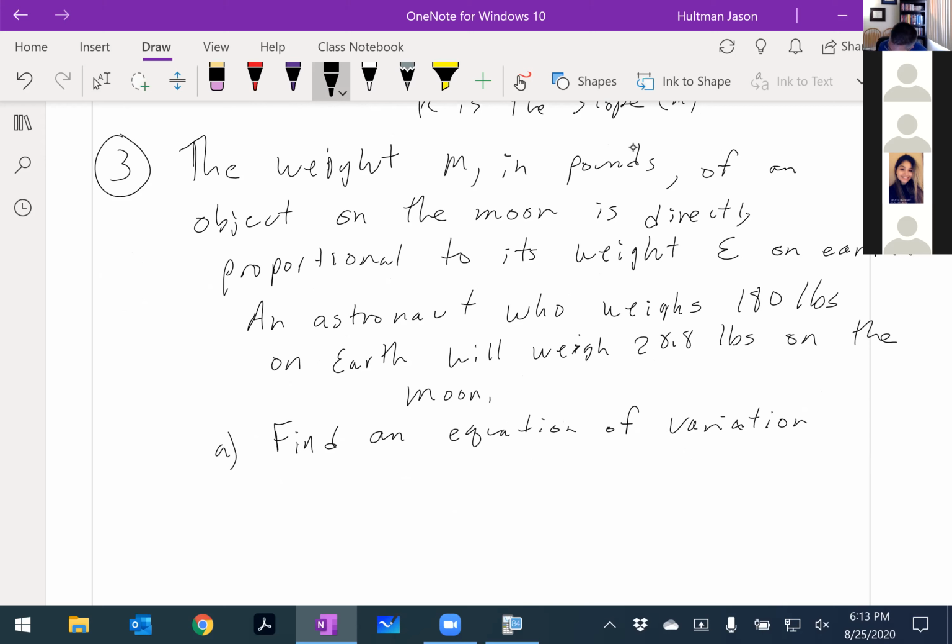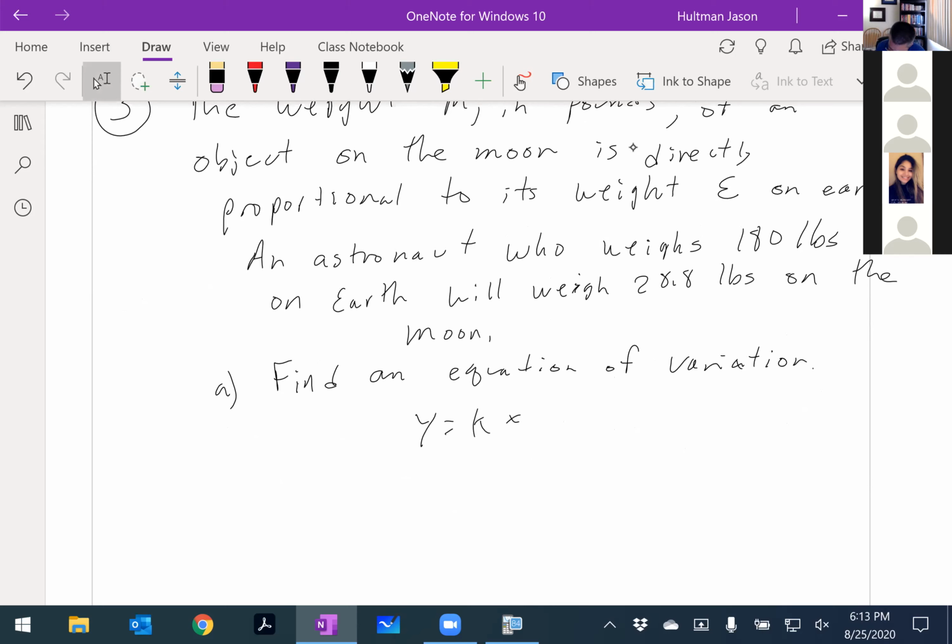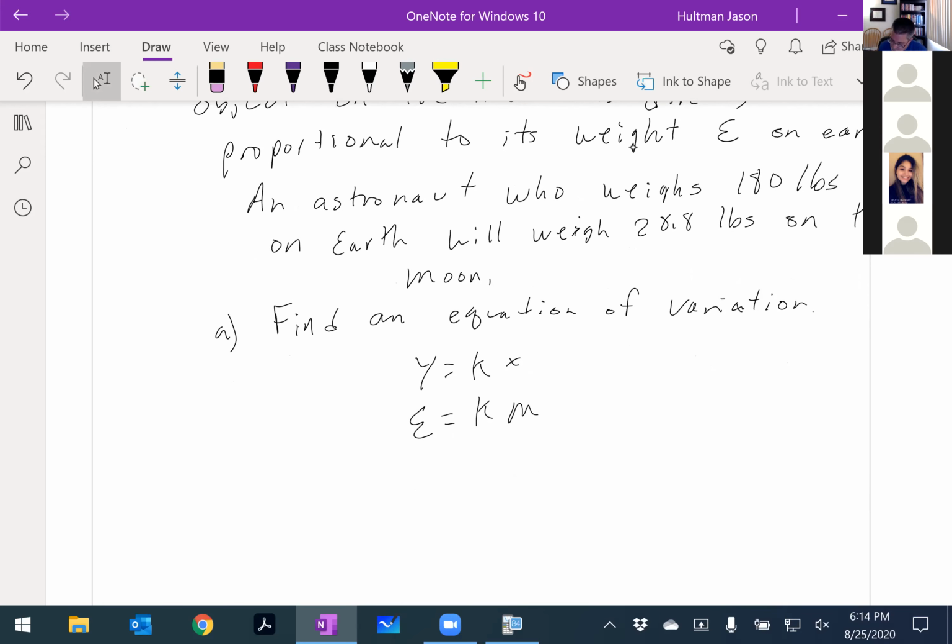We could say this is going to be E equals K times M. To put it in different variables, the Earth weight is going to be equal to some proportionality constant times M. So they're going to vary directly. When your weight goes up on Earth, your weight goes up on the moon. When your weight goes down on Earth, your weight goes down on the moon. So what we need to do here is solve for K.